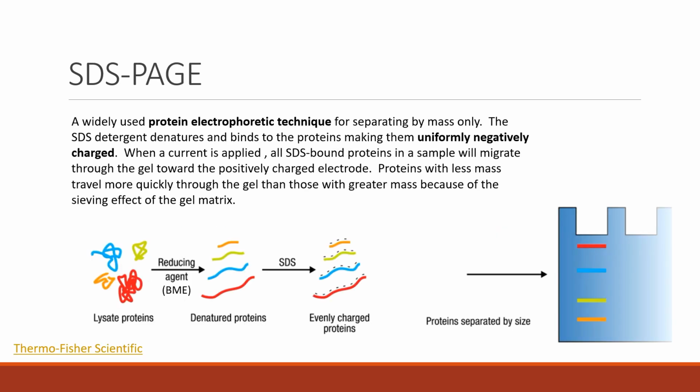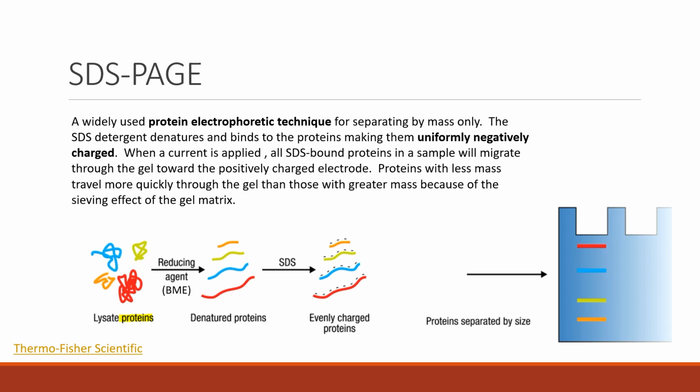A technique that is often used to determine the molecular weight of different proteins is a technique called SDS-PAGE. Here we'll start off with the globular form of the proteins and denature the proteins using that reducing agent BME. And then we add the SDS, which will apply an even charge across each of the proteins.